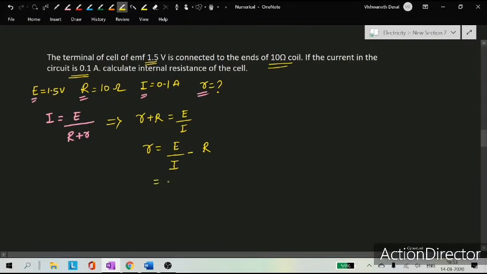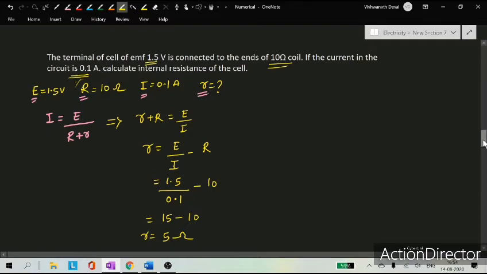E value is given 1.5, I value which is 0.1, minus R value which is 10. So multiply 10 and 10. If you multiply 10 in numerator and denominator, you are going to get 15 minus 10, right? Make it easy. So that is equal to 5. So 5 ohm is the internal resistance of the cell. Coil resistor is already given. Okay.